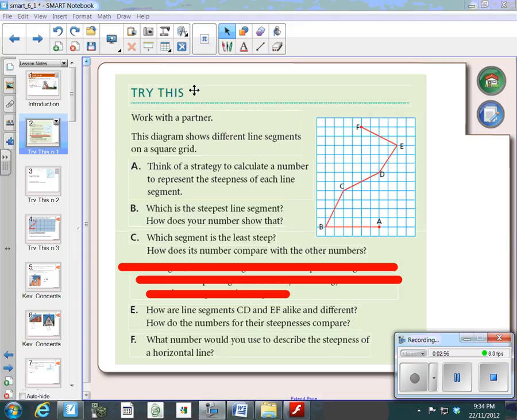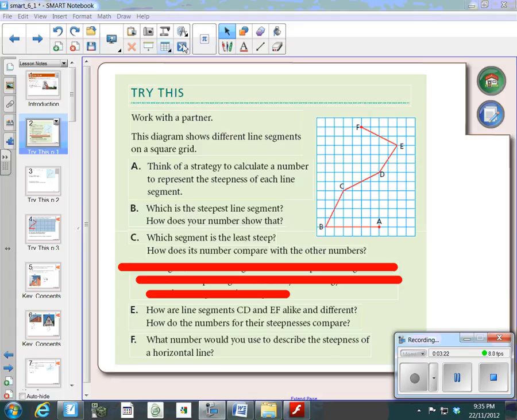Part A, you were to think of a strategy to calculate the number which would represent the steepness of these lines. To answer that, I'll defer to question B. It says, which is the steepest line segment? Everybody can tell by looking at this diagram that going from B to C would represent the steepest line if they had a protractor.